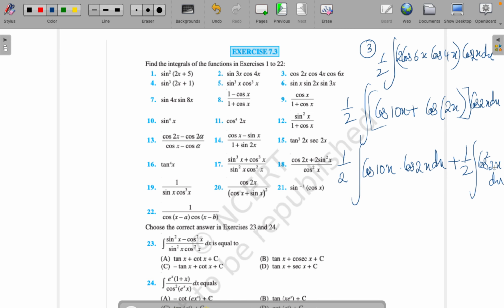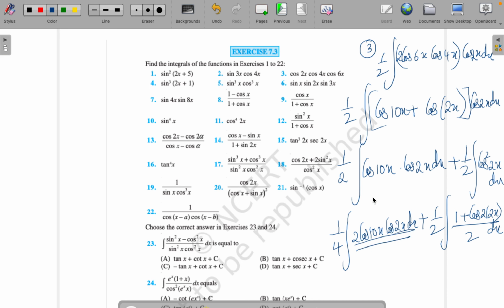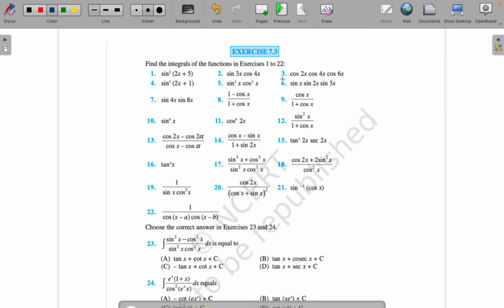Again, you remember cos square theta, the formula is (1 plus cos 2 theta) upon 2, right, children? So this is how you will integrate. Obviously, this can be integrated the same way. So it will be 1 by 4, twice of cos 10x cos 2x dx, plus this. You will use the same formula here the way I used it in the first step. All right, so this was your question number 3.